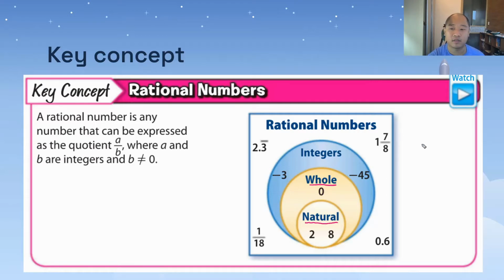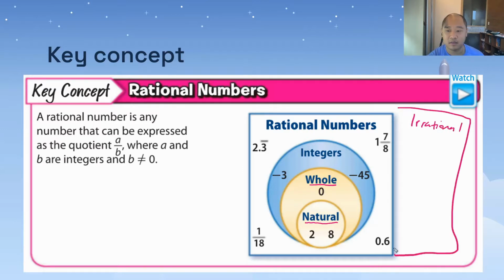And then there's another set of numbers called irrational numbers. That is numbers like pi, or numbers that don't repeat. That don't end, but also don't repeat.